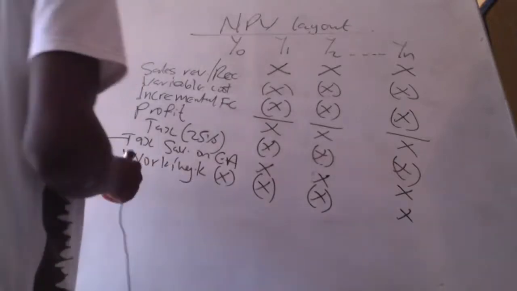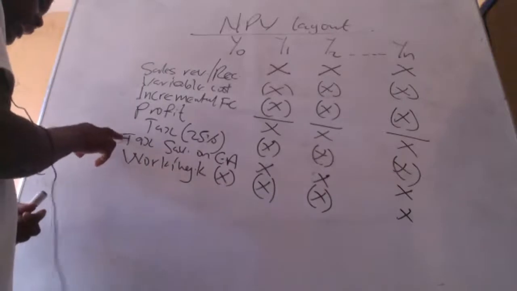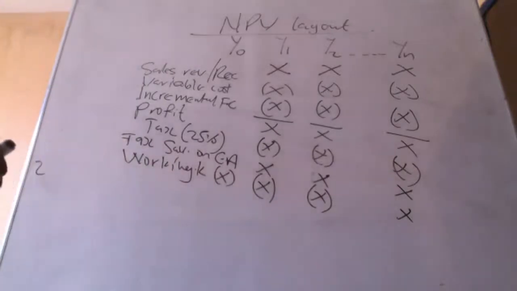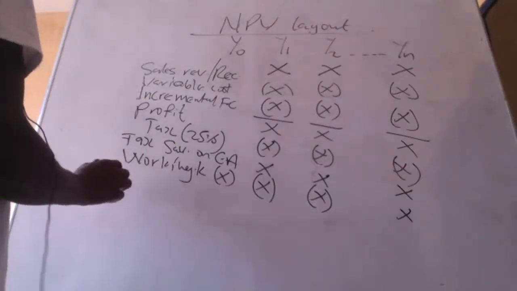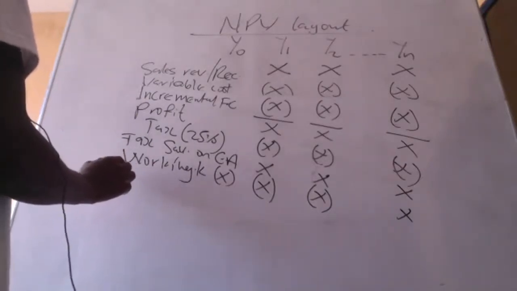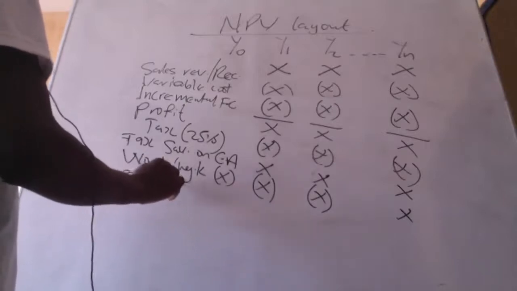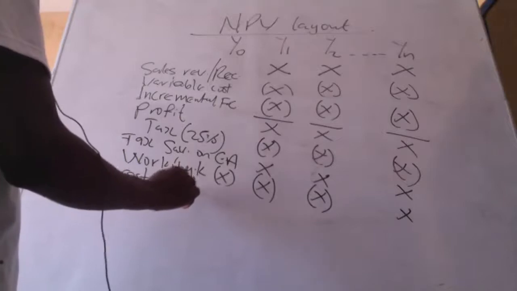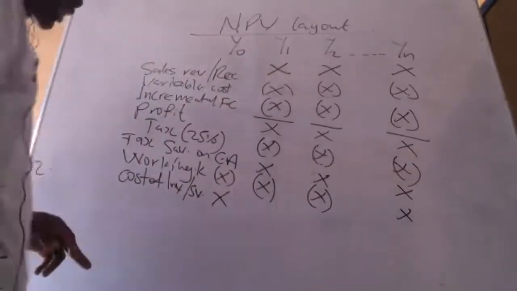Good. Now we're almost getting to the end of the game. What do you do again? You write the cost of investment, the initial cost of investment, and the scrap value.